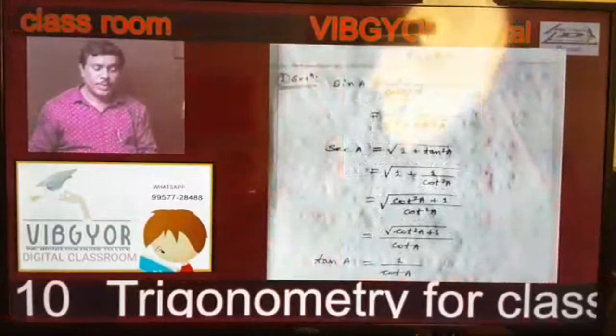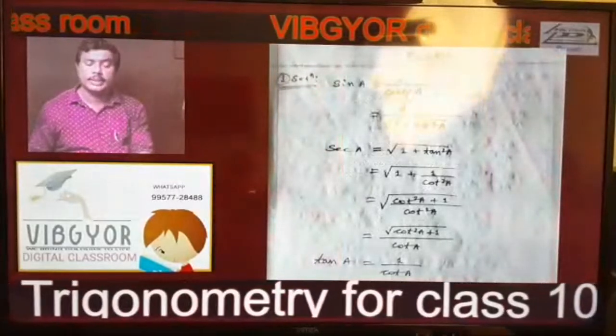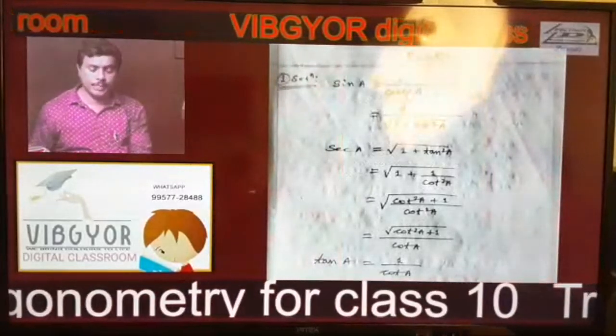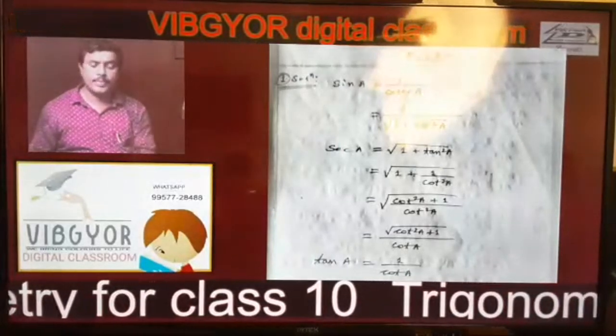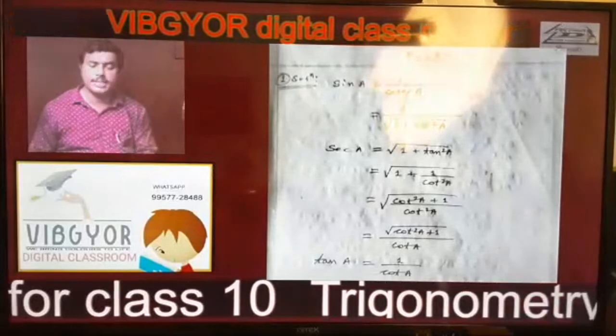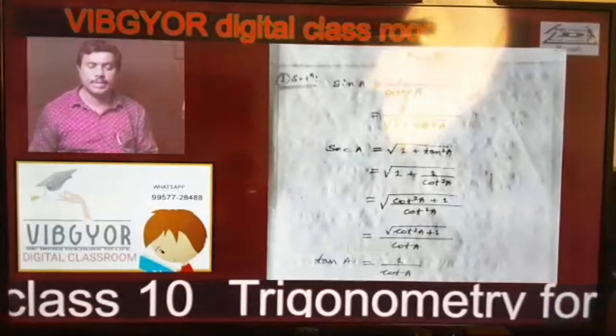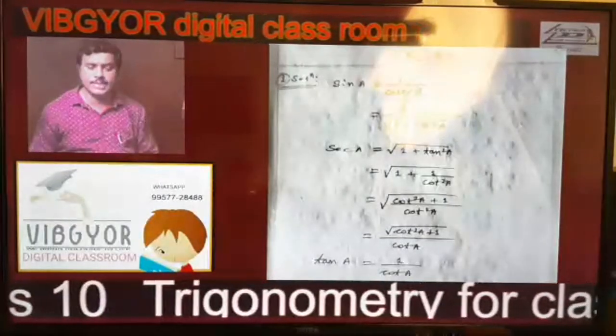Now we have to proceed to exercise 8.4. For this exercise, you have to memorize the identities already discussed in the beginning of this class.